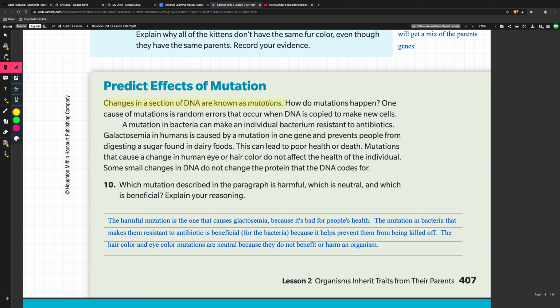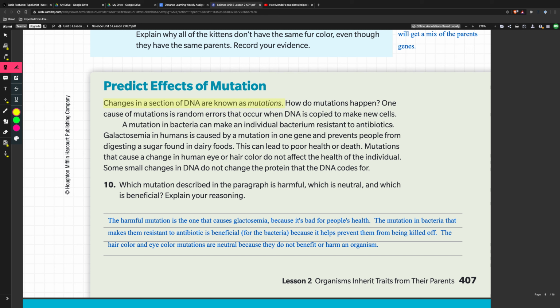So occasionally it doesn't copy something 100% correctly, and that's what we call a mutation. And so mutations can be harmful, neutral, or beneficial. It talks about 3 examples here, and it talks about bacteria that are resistant to antibiotics.